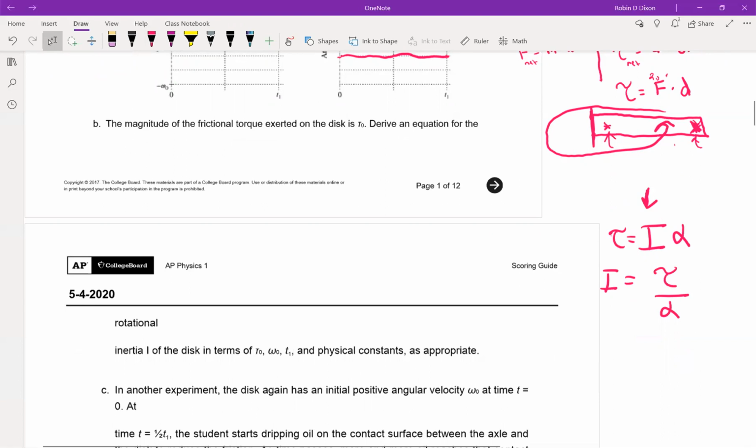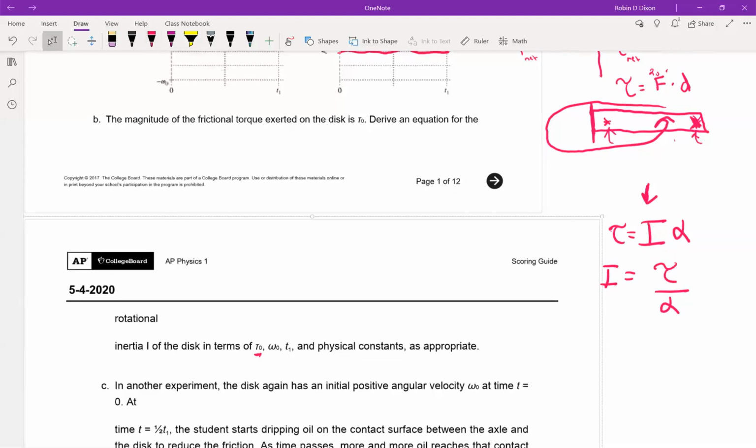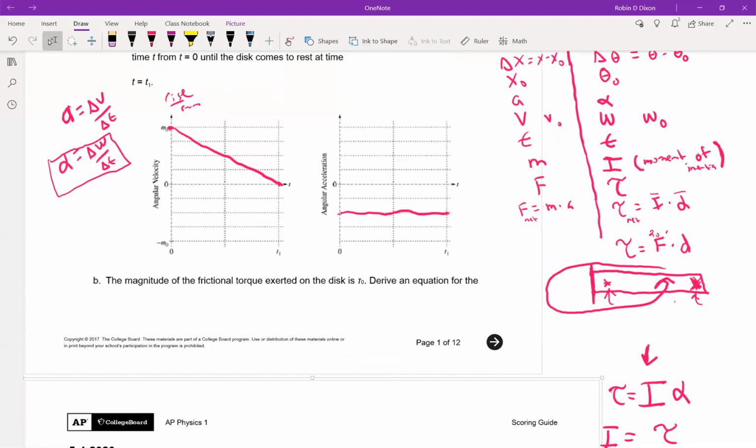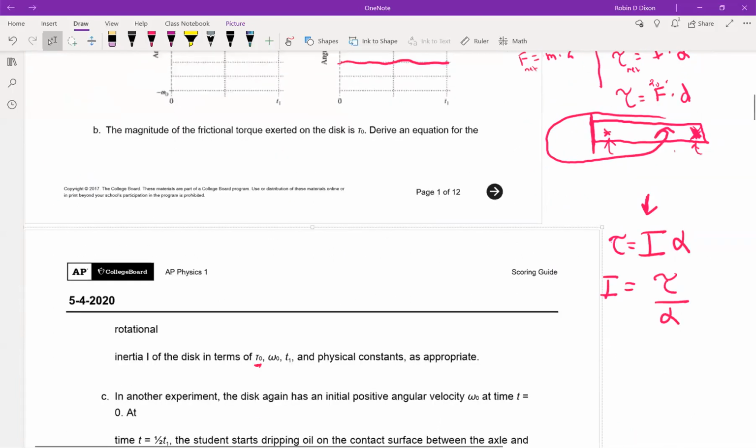Is there any way we can relate these? We have moment of inertia, that's what we're looking for, so we don't want to change that. We have torque, they said we can use torque. We have to get rid of angular acceleration. Is there any way we can relate angular acceleration to omega naught and time? Yes. I just said that angular acceleration is changing angular velocity over changing time. So moment of inertia is equal to torque divided by, and I can replace angular acceleration with omega naught divided by time, because it comes to a rest.